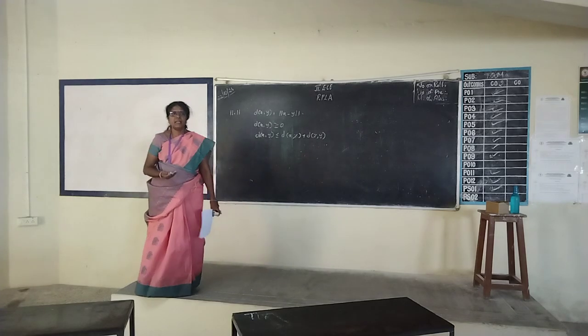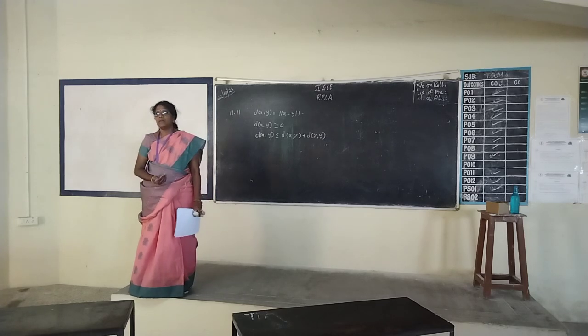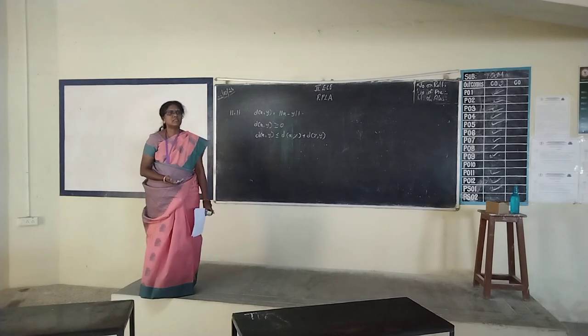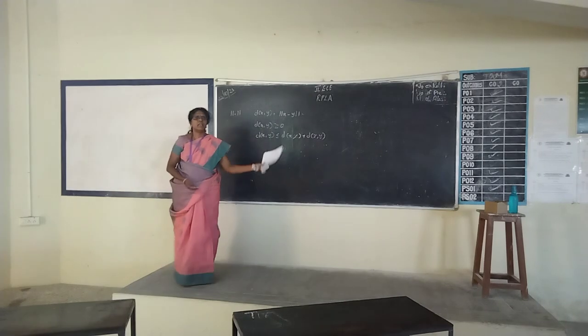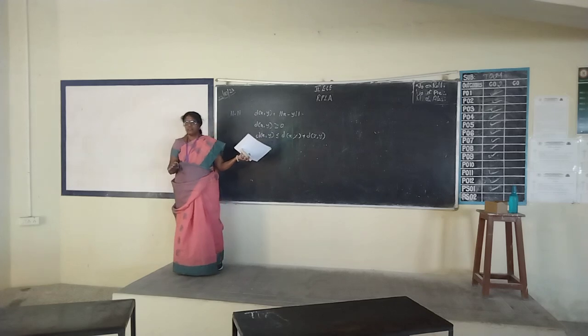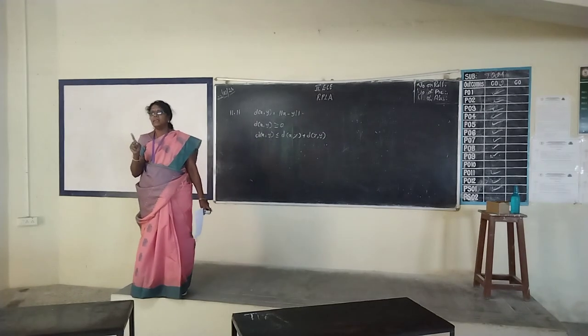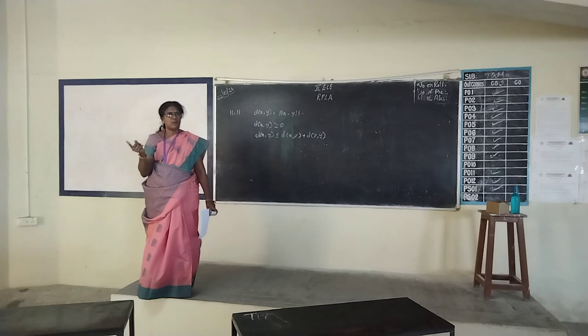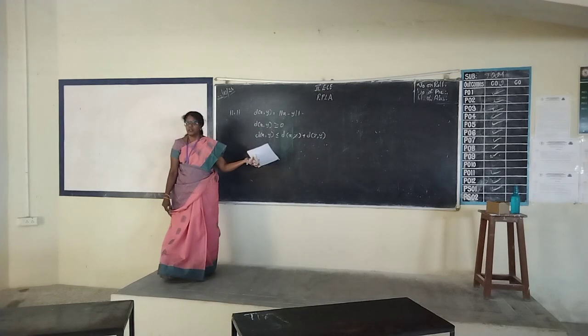See the statement, d is only the distance. Where can the distance be a negative value? Since the distance is always positive, d of x comma y is also always positive. No other expressions are needed, because they have given d as the distance. Distance can never be a negative value.